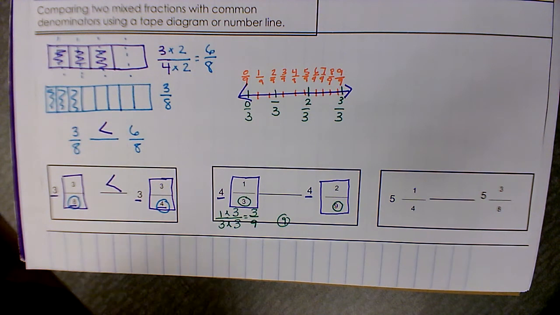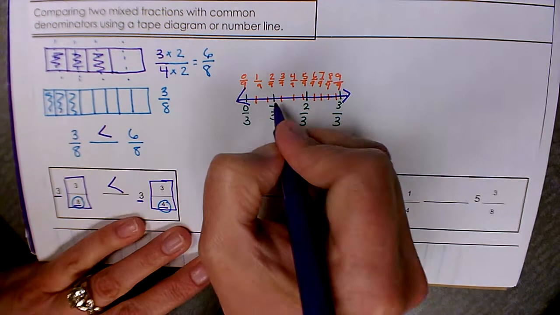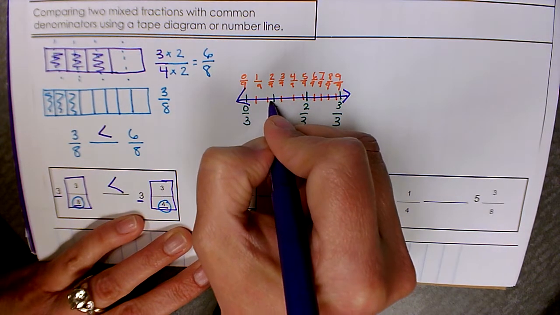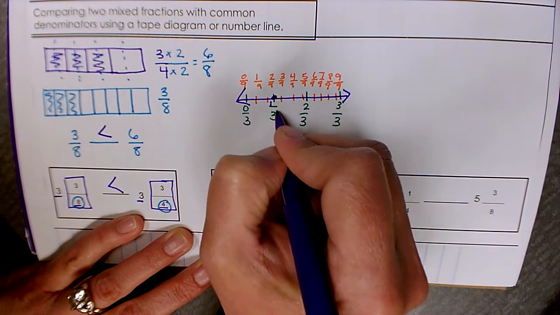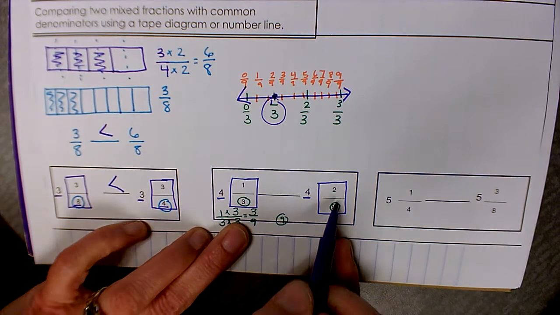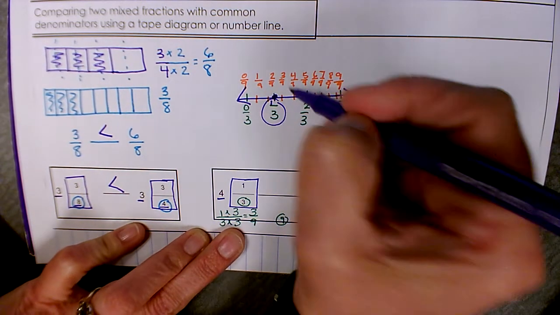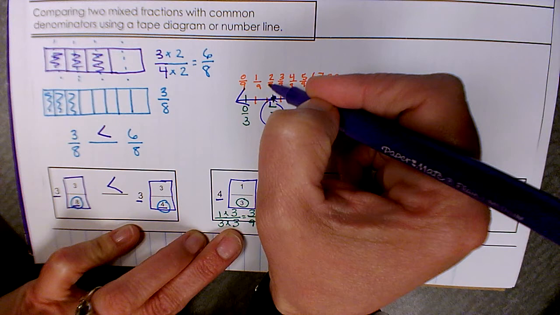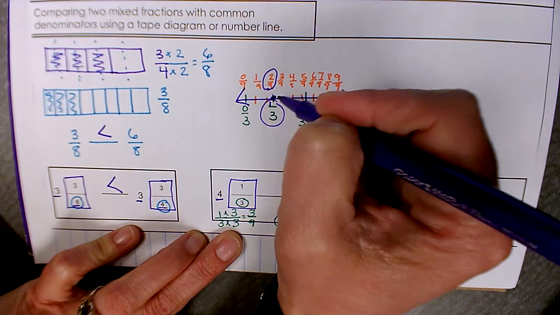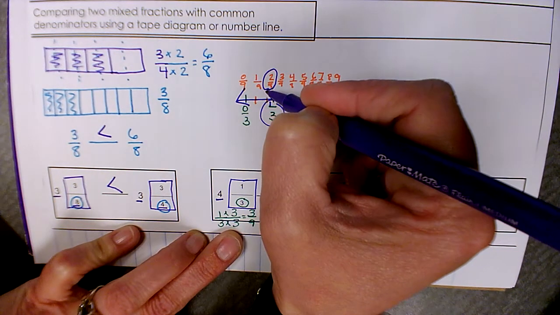So let's do this. My first one was 1/3. So here's 1/3, right? Okay. Where's 2/9? Ooh, here it is. It's right here. There's 2/9. They're pretty close, right?